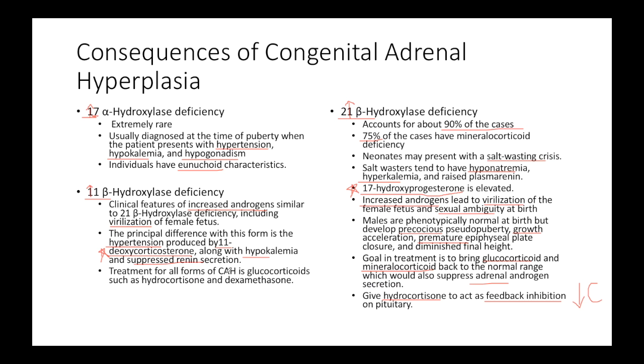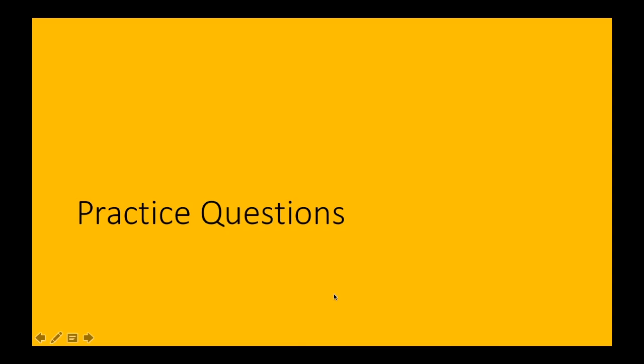So the treatment for all forms of congenital adrenal hyperplasia is glucocorticoids, specifically hydrocortisone or dexamethasone. Okay. Any questions about any of that before I quiz you guys?